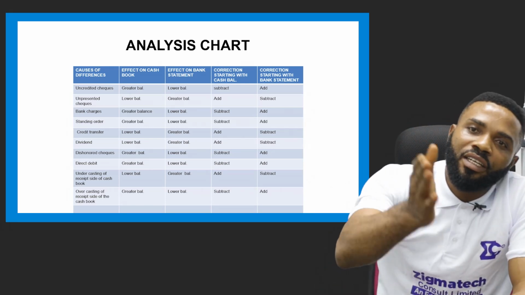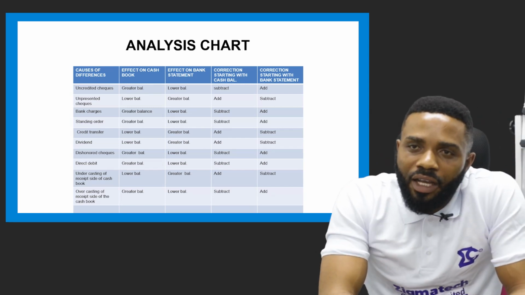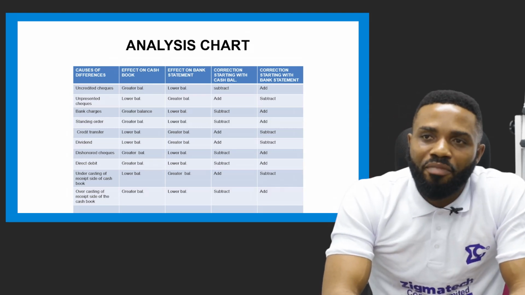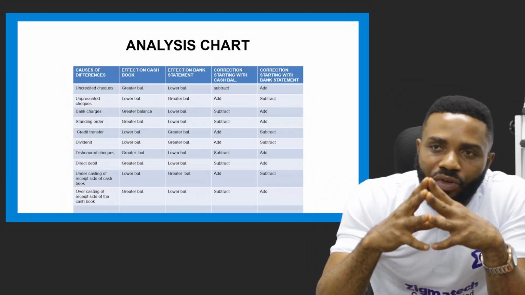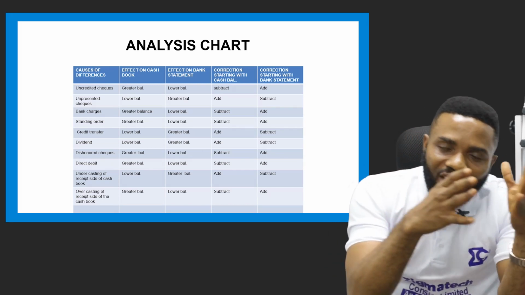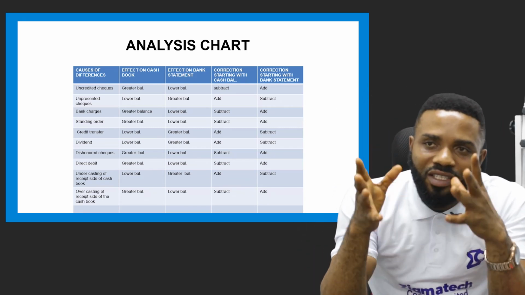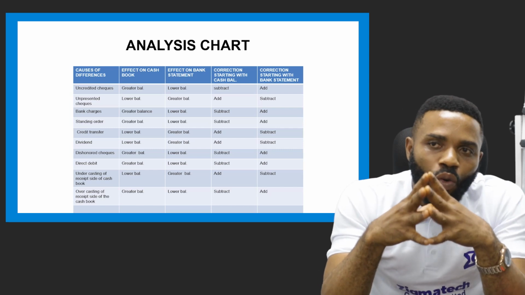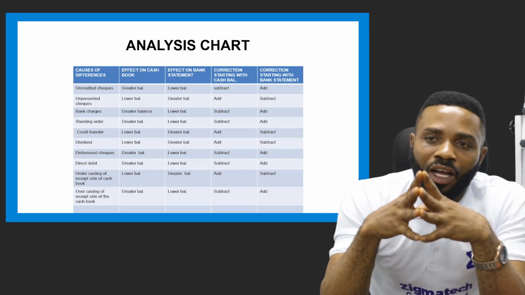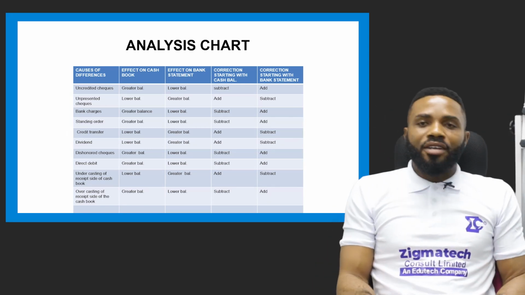If you look at it, the effect is already showing there under the cash book, and the effect is also shown on the bank statement. And then when you want to prepare the bank reconciliation statement, you can either start with the cash book or you can start with the bank statement. So this chart will give you a guide on what to do if you are starting with the cash book, and if you are starting with the bank statement.